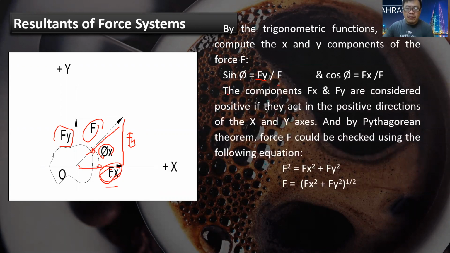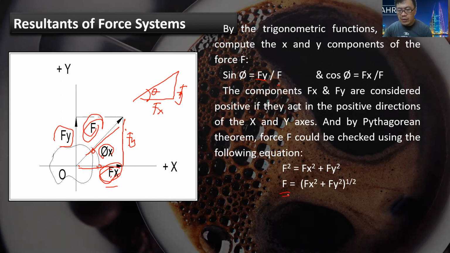So the components Fx and Fy are separated here, at a certain angle theta. From these we can compute the resultant force F by the Pythagorean theorem, that the square of the hypotenuse is equal to the sum of the squares of the two sides. We can write it in this form: F squared is equal to Fx squared plus Fy squared.